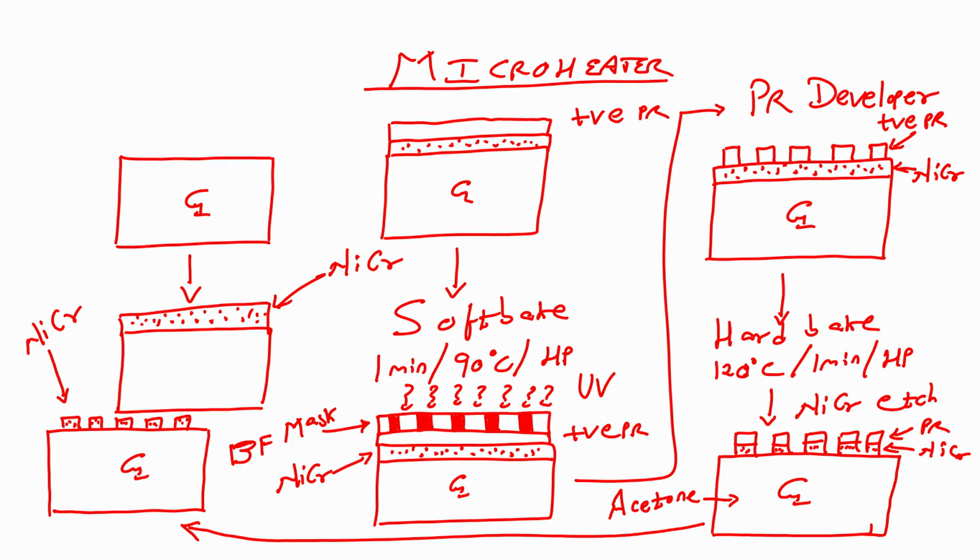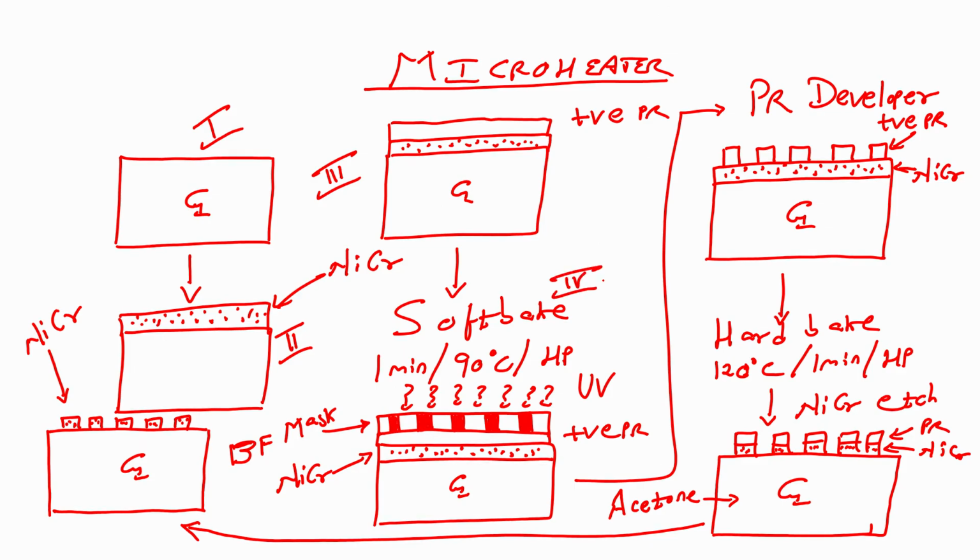Let us see once again. Okay. First step is my substrate. Second step is you deposit nichrome. You deposit nichrome using electron beam evaporation, or sputtering. Third step is I will spin coat positive photoresist. Next step is I will perform soft bake.